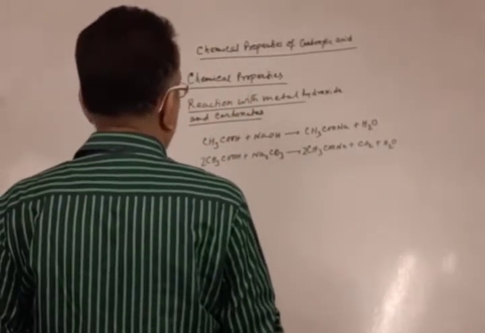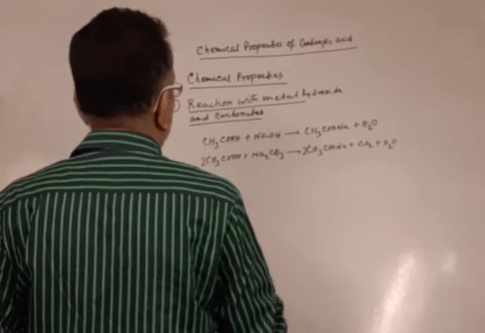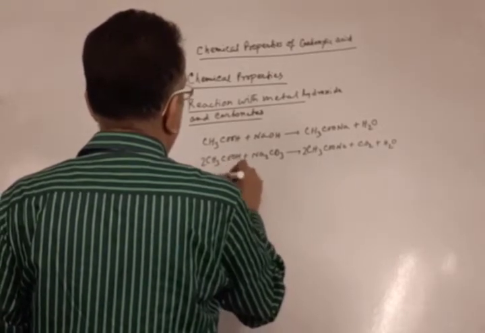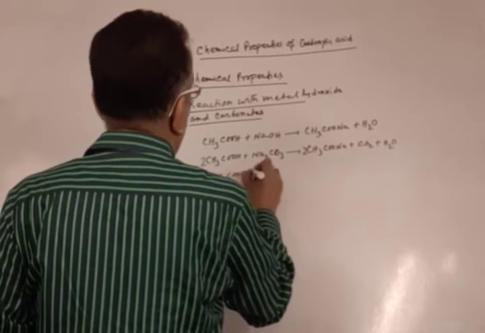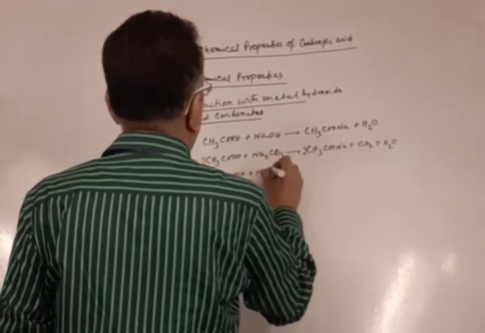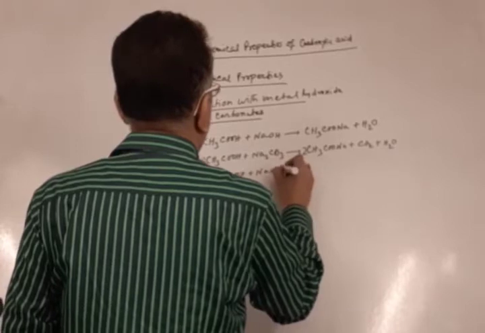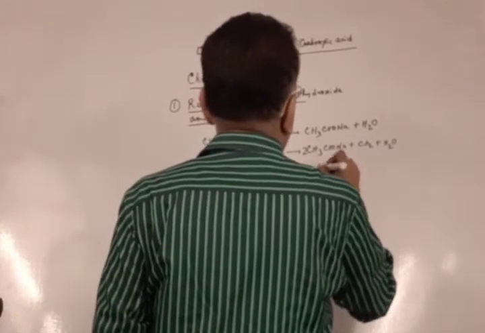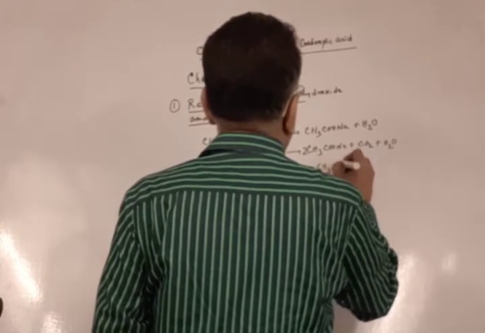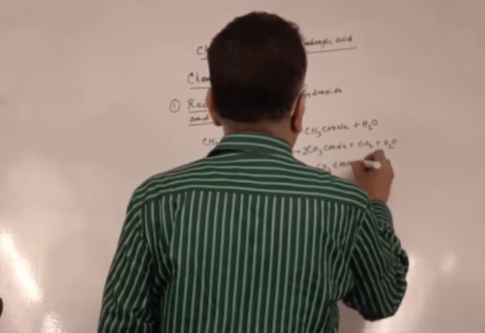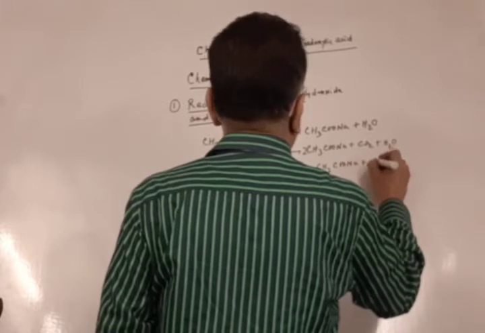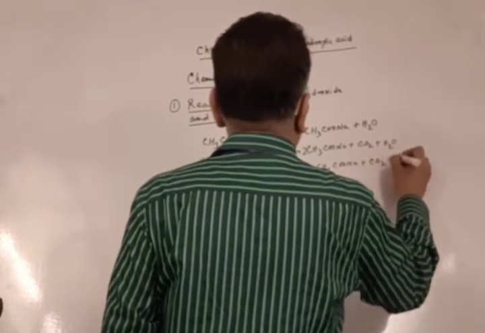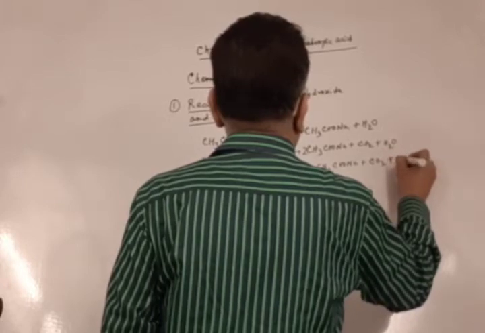Similarly, with CH3COOH plus NaHCO3, this gives us CH3COONa plus CO2 plus H2O.